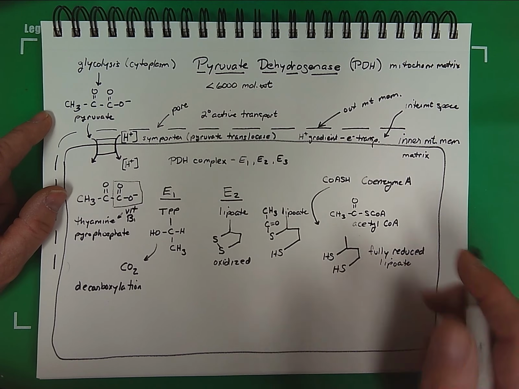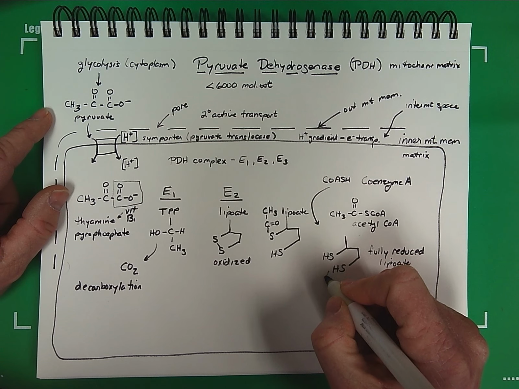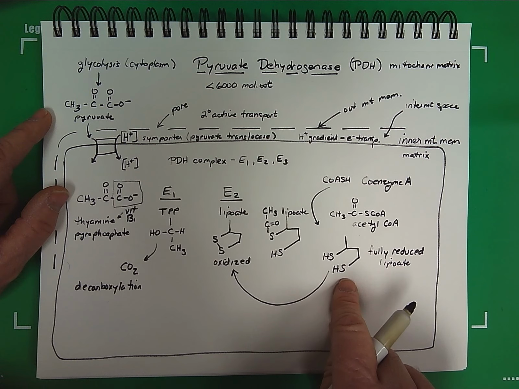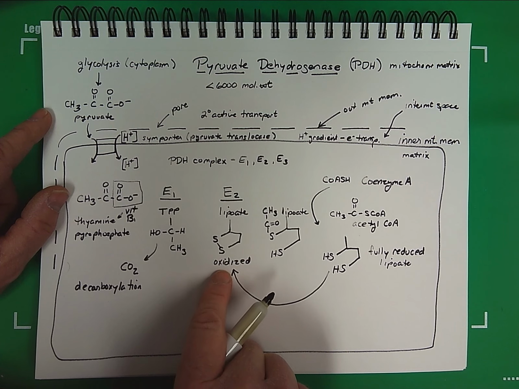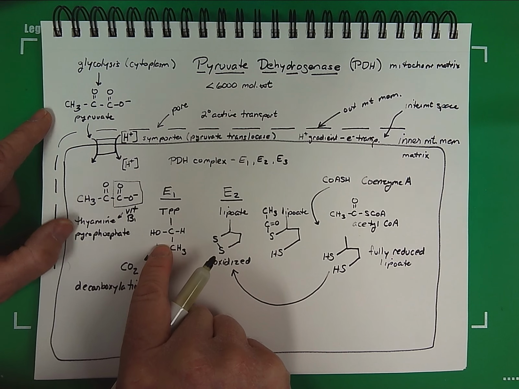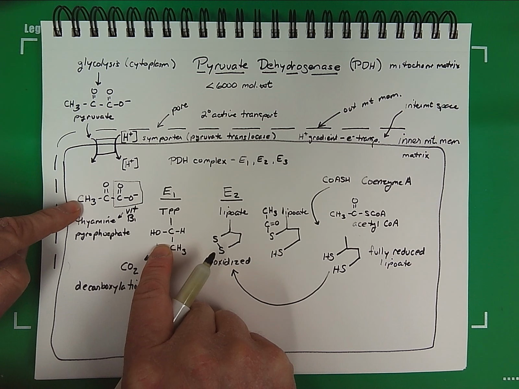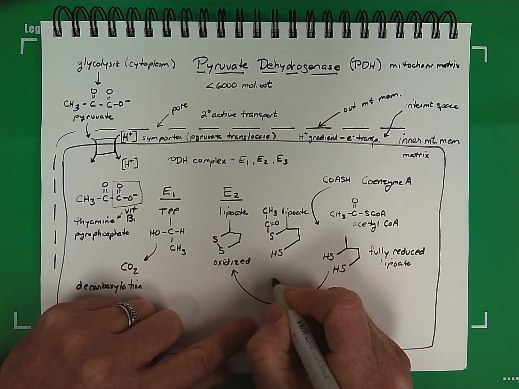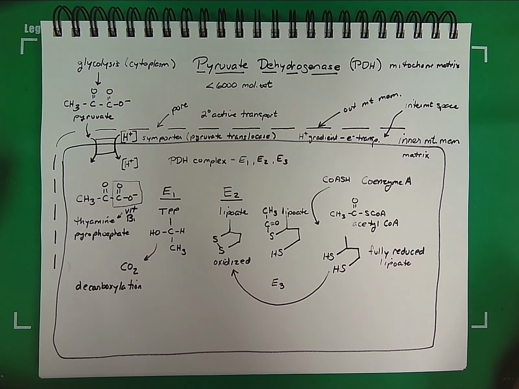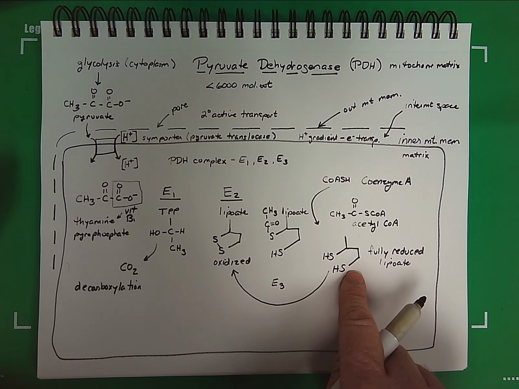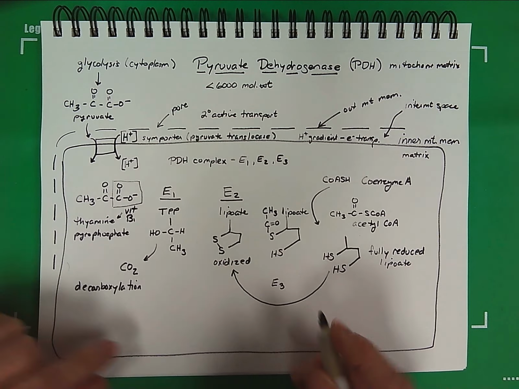Now, in order to regenerate the enzyme complex, we need to return the fully reduced lipoate into its oxidized form to create lipoate ready to continue performing reactions with additional pyruvate. This process will be done by the subunit E3. So again, we are going to oxidize this reduced molecule, and therefore we need to reduce something.